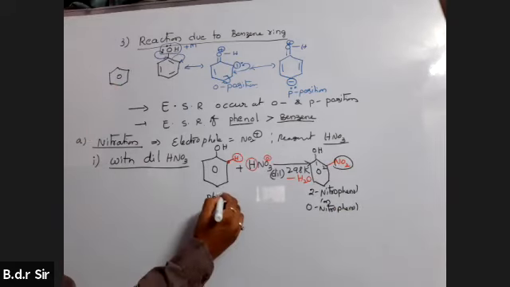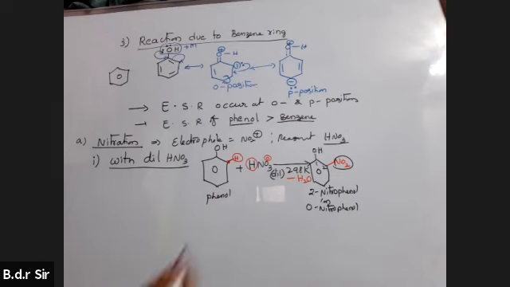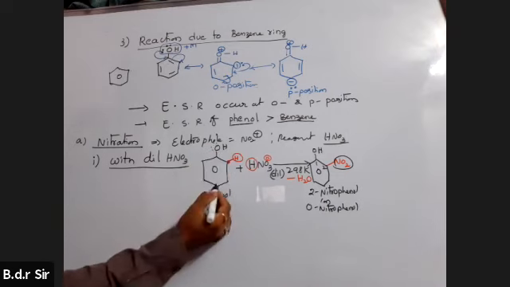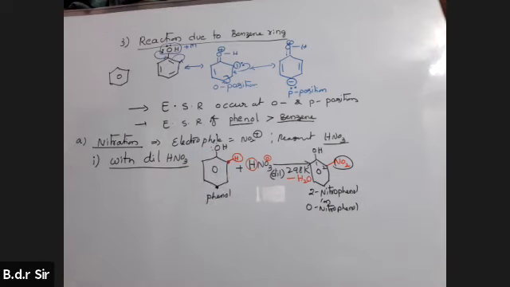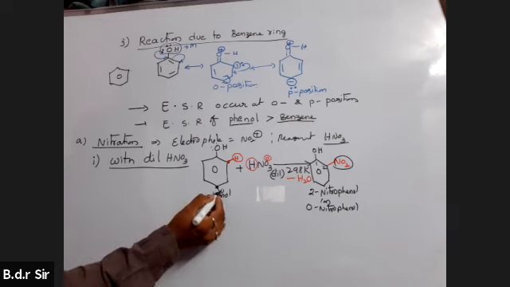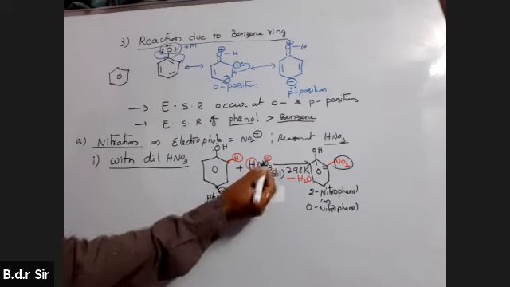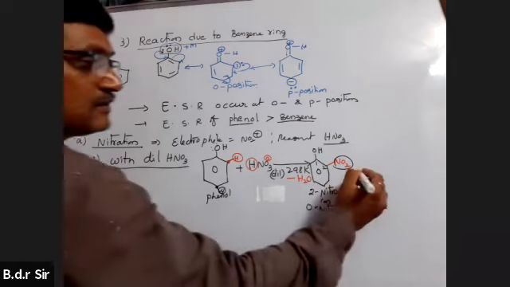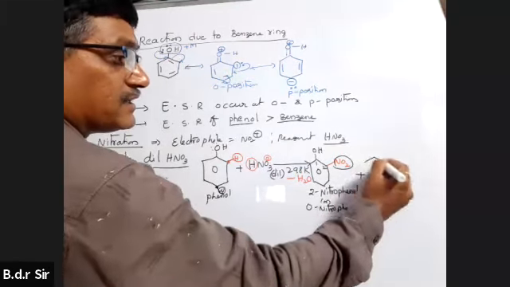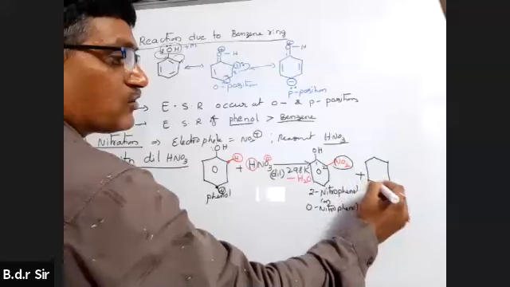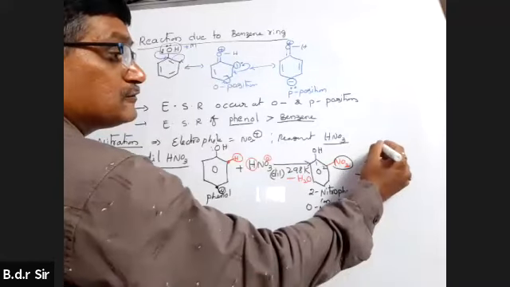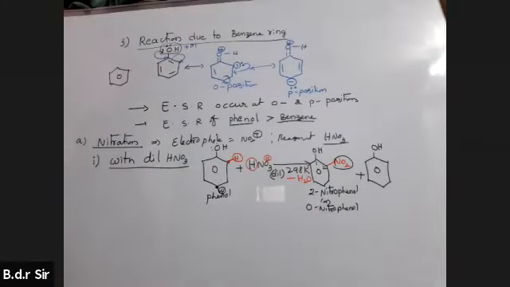This is phenol. And also the OH group increases electron density at the para position. Hence here hydrogen and oxygen are converted to water. That's why it gives a mixture of ortho compound as well as para compound.